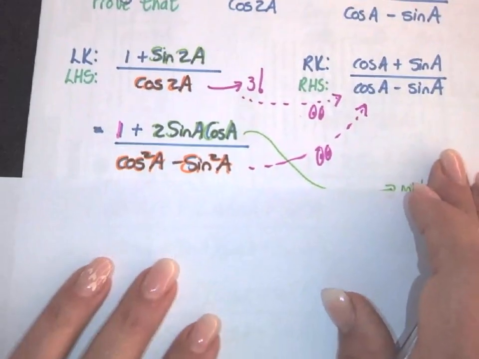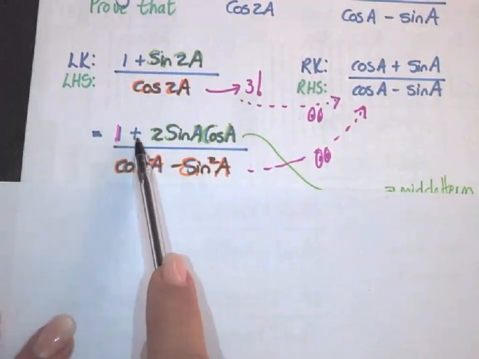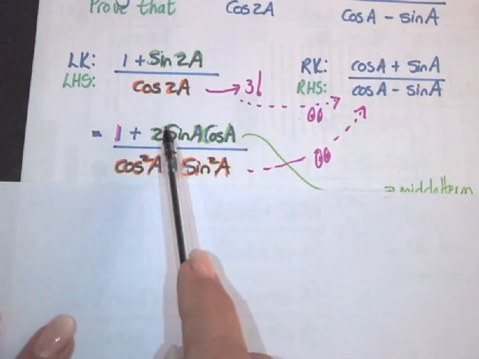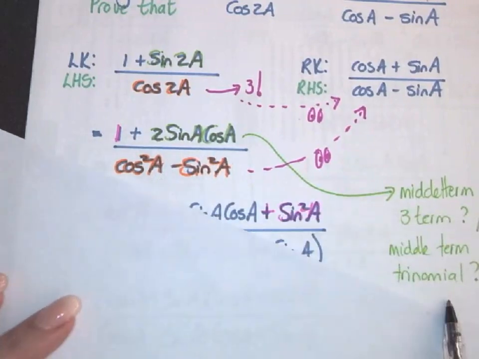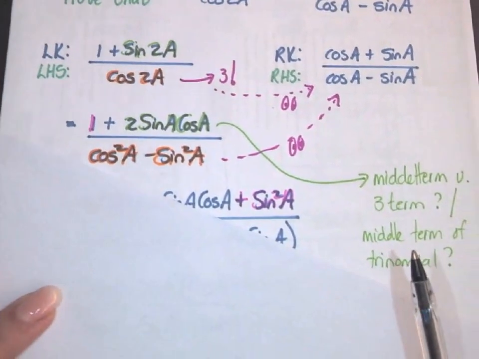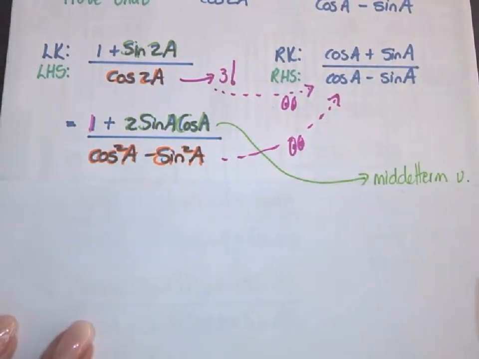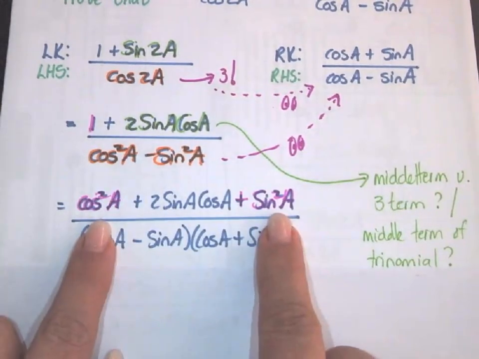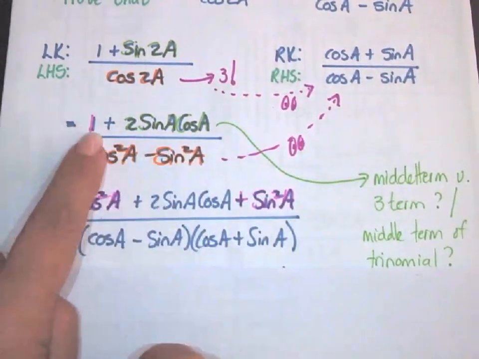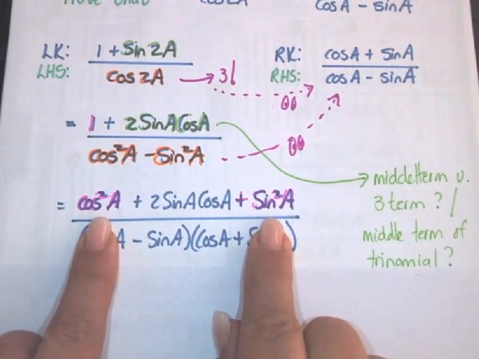Okay. Now, when you have something like this, 1 plus that, this reminds me of the middle term of a trinomial. So the 1 can be split into what? Sine squared plus cos squared. Yeah, the 1 from last year's identity is sine squared plus cos squared.